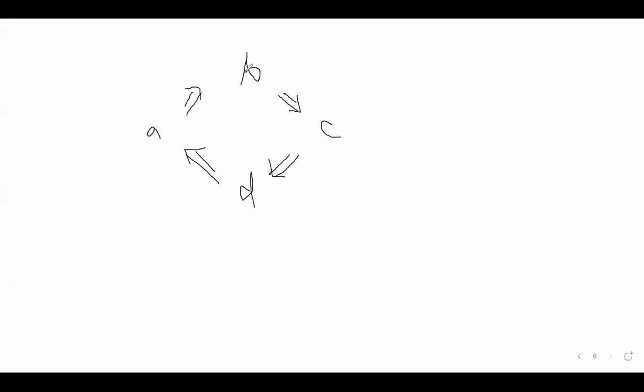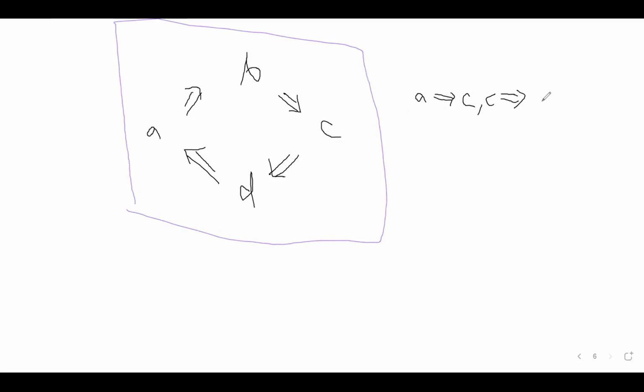So for instance, A implies B and B implies C, so A implies C. But C implies D and D implies A, so C implies A, right? So in this one picture, if you look at particular cases, A would imply C in this chain, but C would also imply A. And so that means that A and C are equivalent.